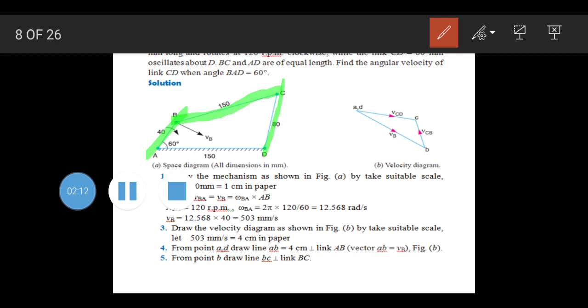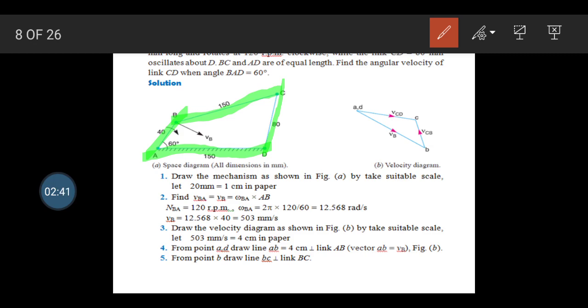The space diagram will be constructed like this. Once we construct this space diagram, we have to calculate the velocity of BA, that is the velocity of the crank which is rotating. Here VBA, or we can also call it the velocity of point B, will be equivalent to omega into length of AB.